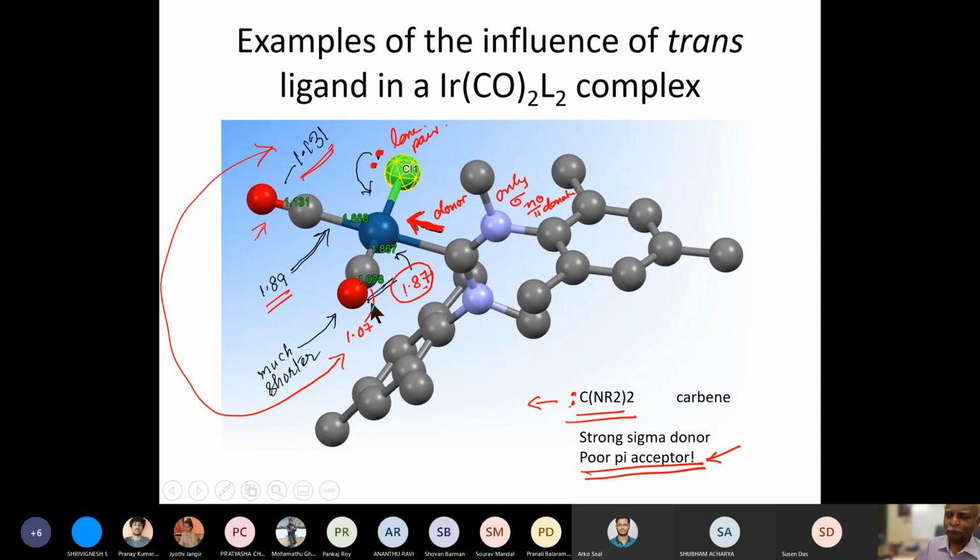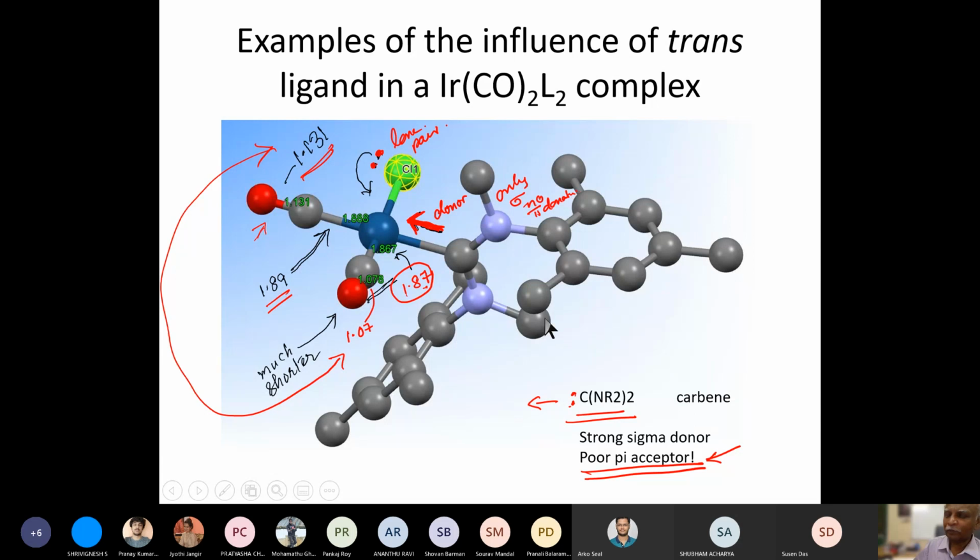So in fact it should have strengthened the bond distance even more. I would have expected that, but because of the electron withdrawing capacity also, it seems to be balanced out.